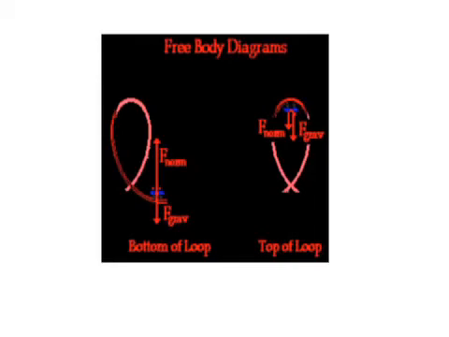And on the right side at the top of the loop, both normal and gravity are directed downward. You can't really tell the magnitude of the normal force when you're at the top of the loop unless you know the acceleration. When you're at the bottom of the loop, you can simply tell that the normal force has to be greater than the gravitational force. So what we're going to be doing is start applying what we know about forces to circular motion.